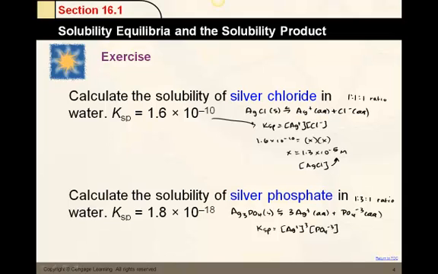Down here, doing the same thing, we see that the ratio is 3 to 1. So this is 3x and x. Notice the 3x is also cubed. You might think, well, you've already taken that into consideration when you put the bracket cubed, but you also have to triple it because the ratio is 1 to 3.